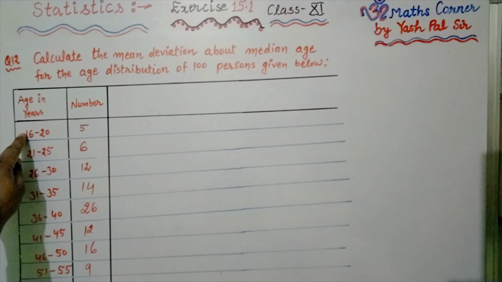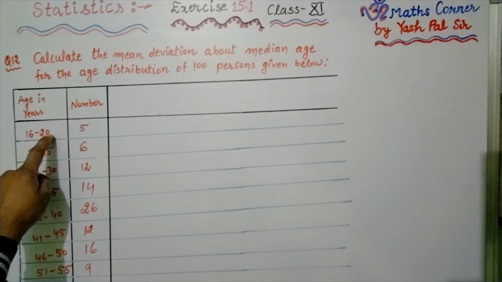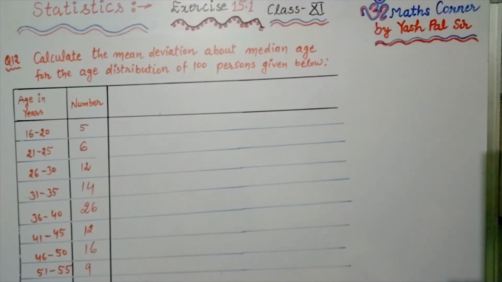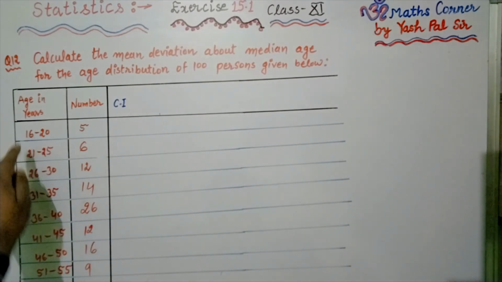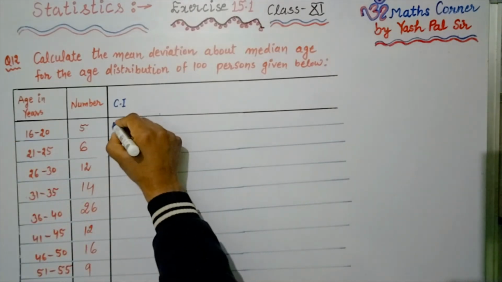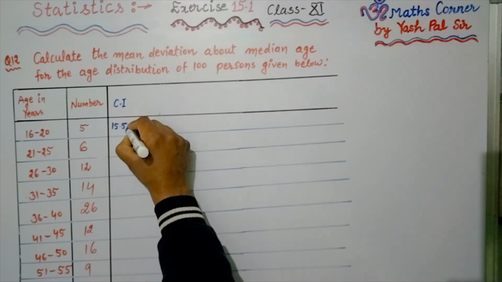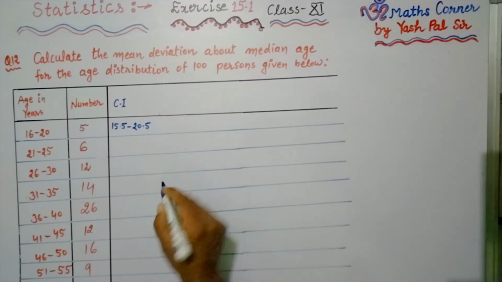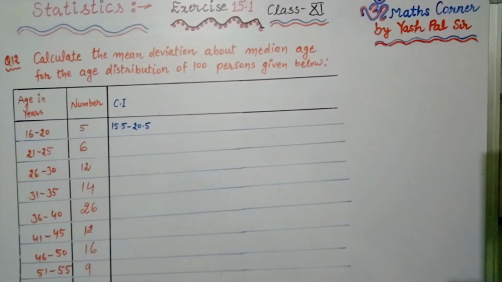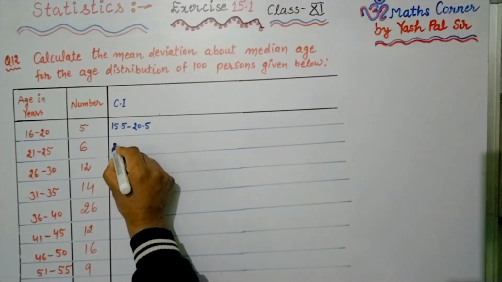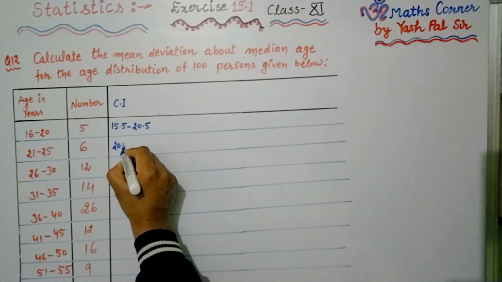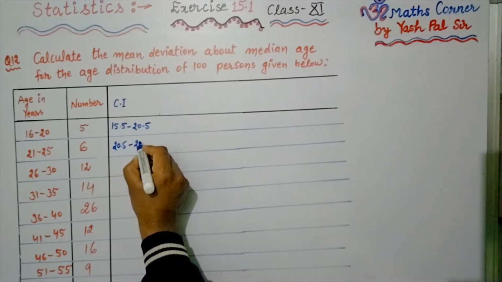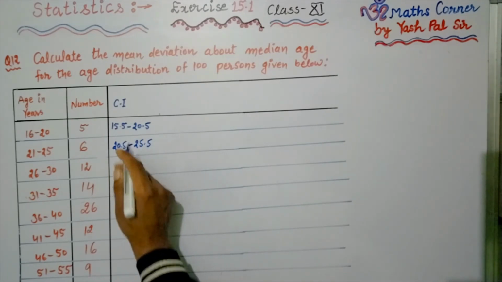That is, we write 15.5 to 20.5, and next 20.5 to 25.5, like this.